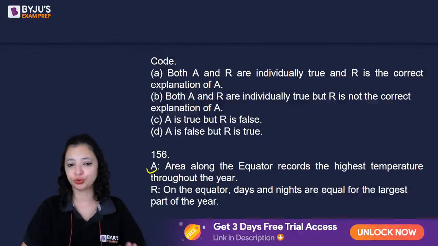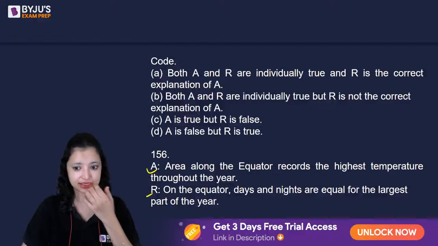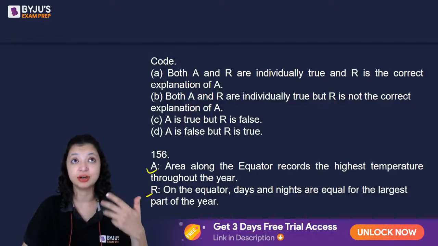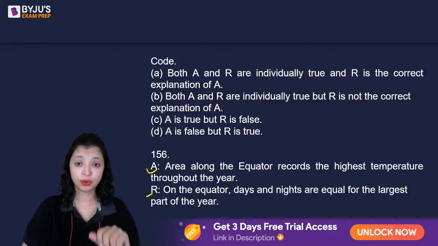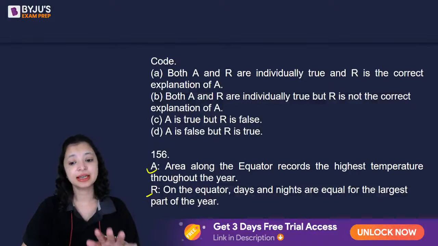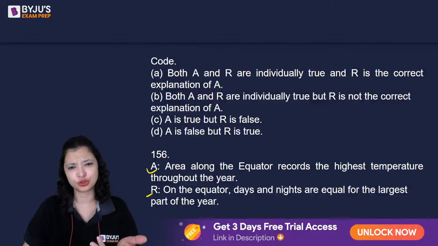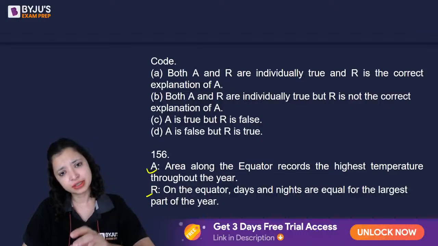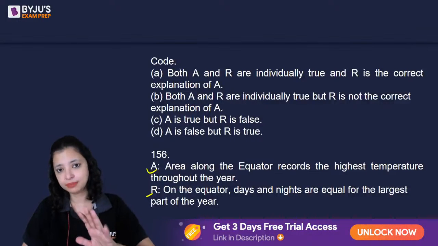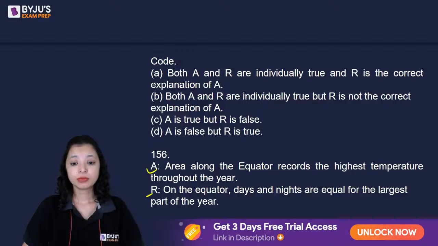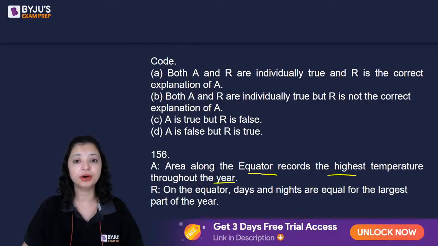Actually, let me explain something. Both are independently true. One, equator के आसपास temperature highest होता है, and that's why our country is one of the warmest because we are closer to the equator. Two, on the equator, days and nights are equal for the largest part of the year. That also is partly true. The closer you get to equator, the length of day and night becomes equal. Now, equator actually records the highest temperature throughout the year because there is direct sunlight falling diagonally over equator.